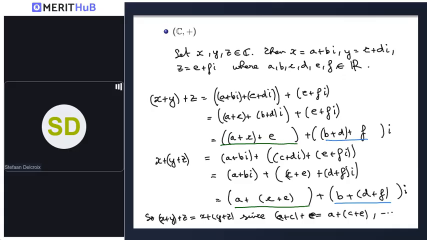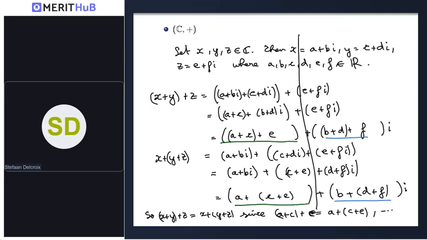It's not commutativity. So (a plus c) plus e, it's associativity of the real numbers. So let me go all the way up here. Since the real numbers under addition is associative. It's for sure properties of the real numbers, but in this case, it's exactly the property that we're trying to prove for the complex numbers.